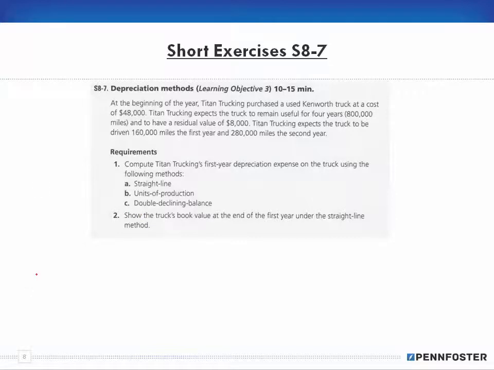So as far as straight line is concerned, it has a cost of $48,000. It's going to be used for 4 years or 800,000 miles, and has a residual value of $8,000.